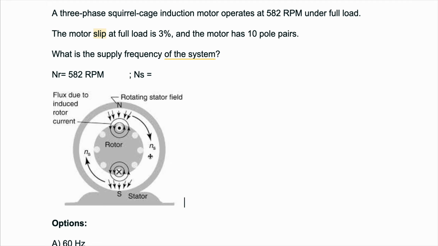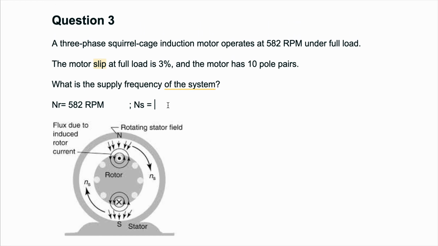The big field is the magnetic field of the stator, and the field generated by the current in the rotor conductors starts to follow it. So now in this question we want to calculate the speed of the magnetic field of the stator. How can we calculate it?